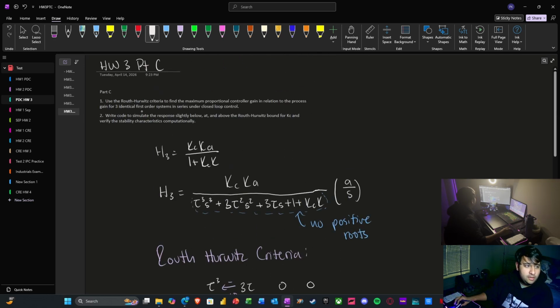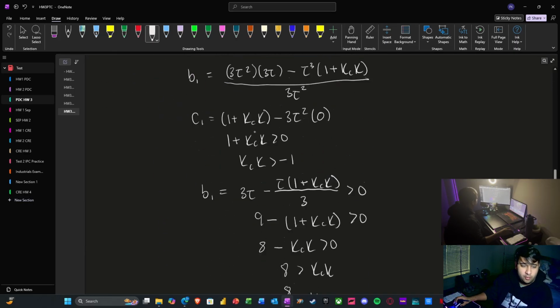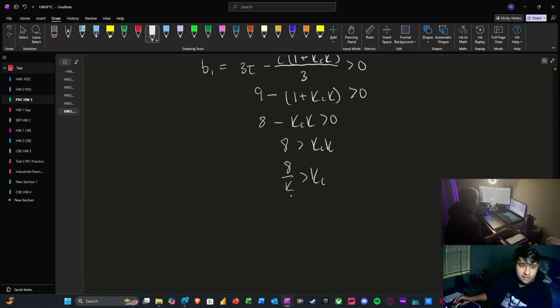So using our Routh-Hurwitz criteria, we find that the maximum proportional controller gain is that Kc has to be less than 8 over k.